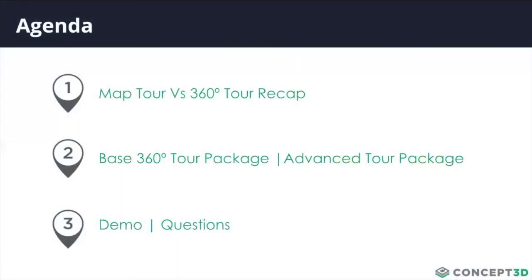So for today's agenda, first, we're going to start with a quick recap of Map Tour versus 360 Tour, just to make sure we distinguish the difference between those. Next, we'll move into a quick overview of the base 360 Tour package. So what is available with that? And then finally, we'll move into the meat of our webinar, which is our Advanced Tour package. What does that mean?